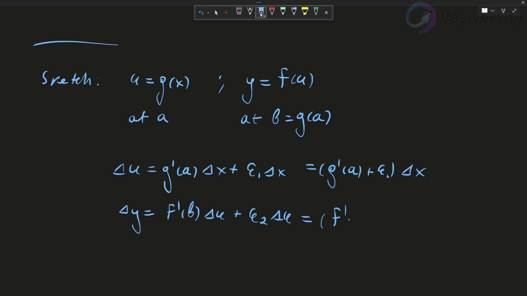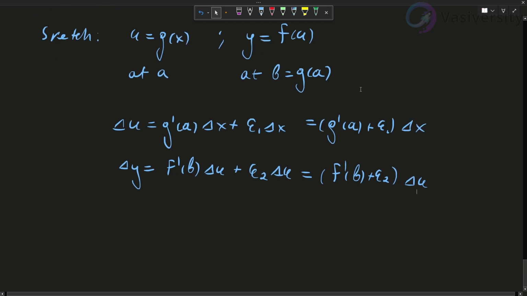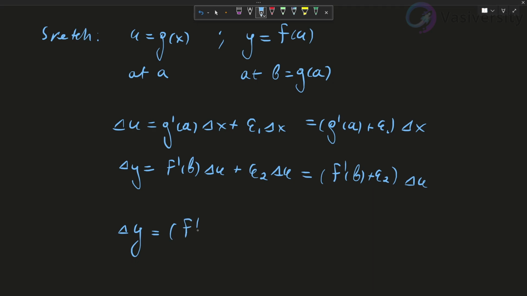If we combine the two equations, we end up with delta y equal to f prime of b plus epsilon 2.